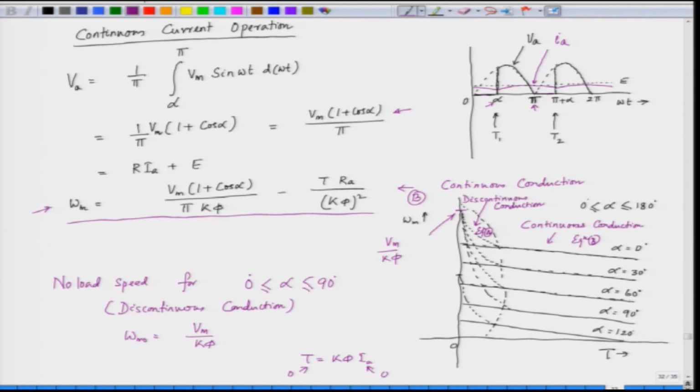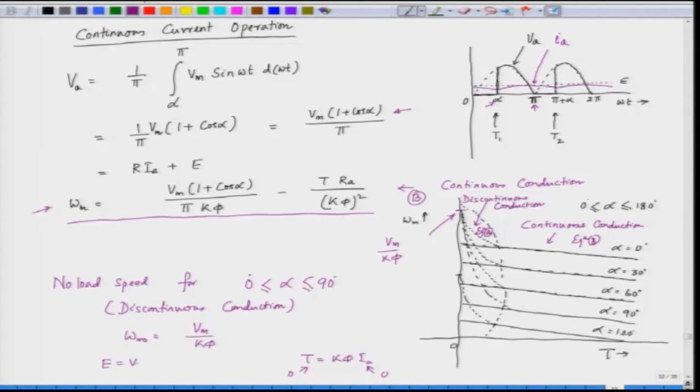And when the current is 0, it means the back EMF is the maximum possible value, that is V m. So, when the back EMF is V m, E is equal to V m, naturally the no load speed is equal to V m by k phi. So, that is the no load speed for alpha between 0 to 90.